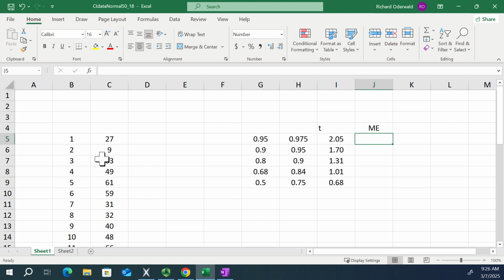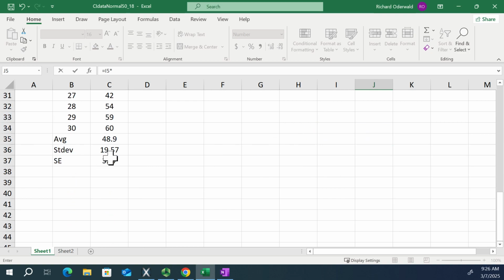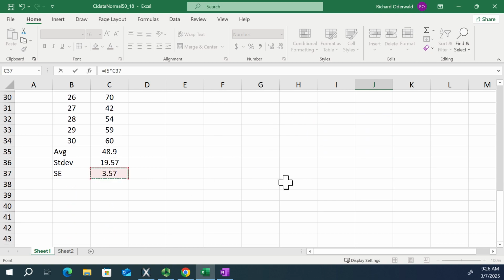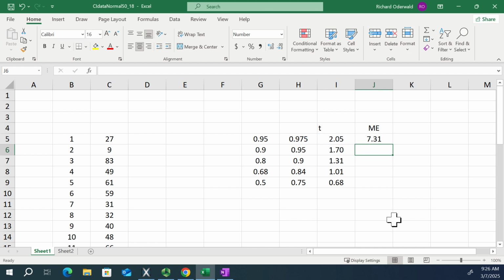So in each of these, I want equals, and I want t times, and then I can go get the standard error. And there's the cell reference, C37. So the margin of error is 2 standard errors up and down.